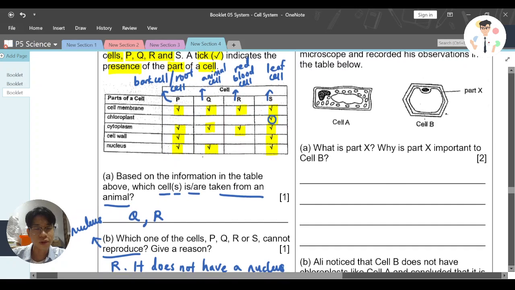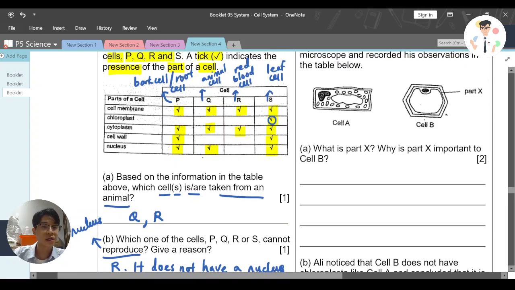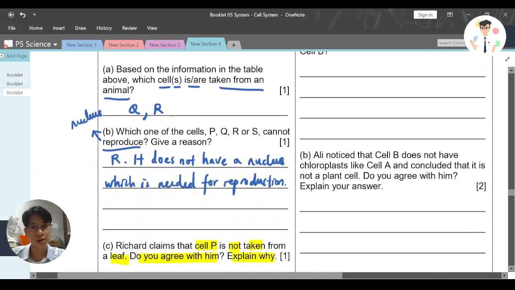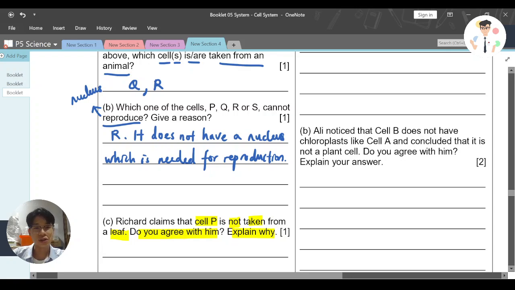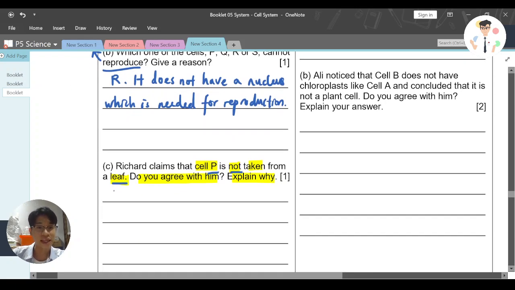Let's see what is P. P, we are assuming it to be a bud cell or a root cell, not a leaf cell, because it does not have chloroplast. So when he says P is not a leaf, I actually should agree with him. Say yes. Why? Because it doesn't have a chloroplast, and leaf cell needs a chloroplast to produce food. So you can say yes.